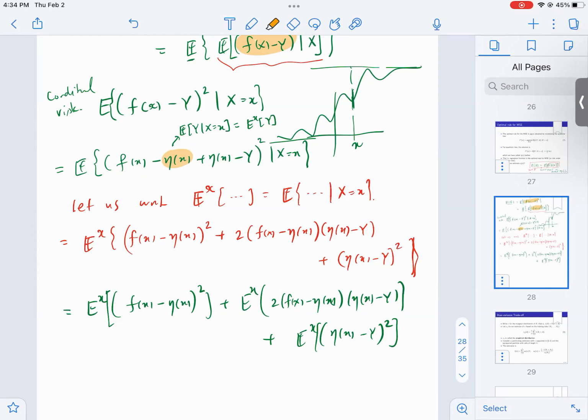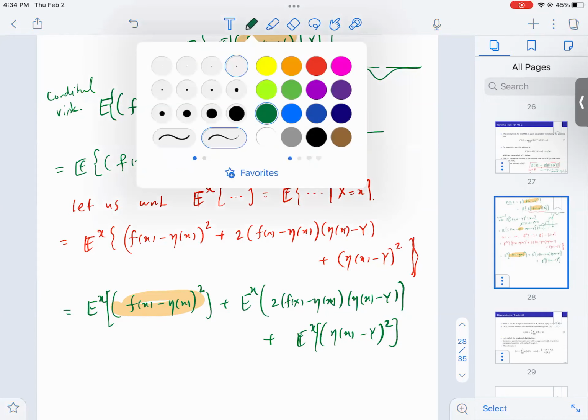What I want to claim is that this first thing is constant and comes out of the expectation. Is that true? Because of the conditioning on x being equal to x, this x is fixed. So this comes out. There's no reason to carry the expectation there. There's nothing random.